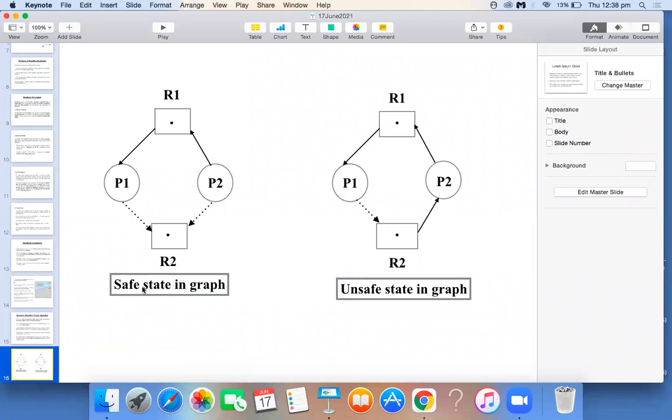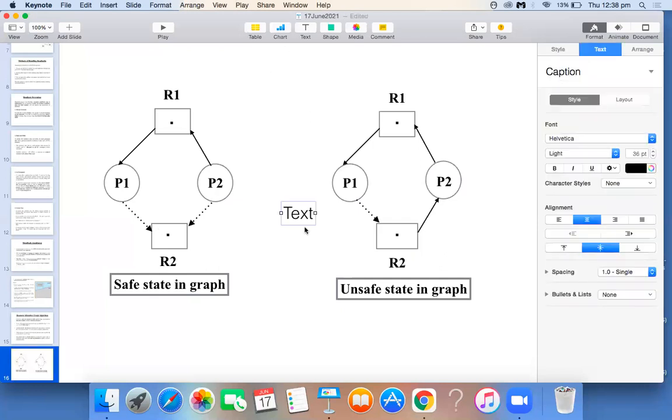So it is shown that the system is in a safe state. What does safe state mean? There should not be any cycle formation. If cycle formation did not happen, the given system is in a safe state. If cycle formation is happening, it will be in a deadlock state. Here, process P1 will request the resource R2 in some future time.